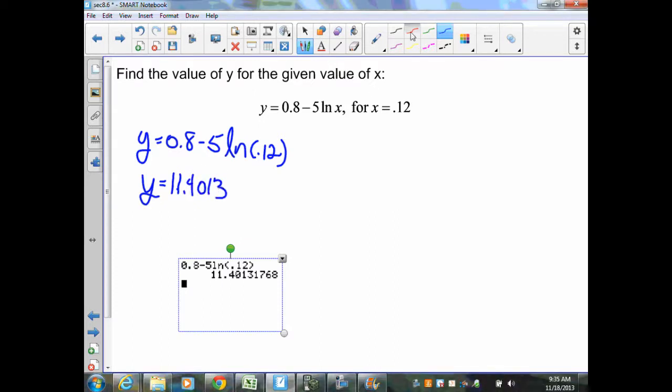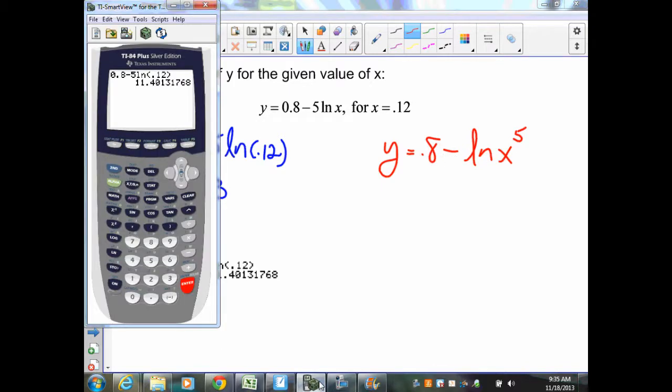Now what I could do is use some properties of logarithms to simplify this a little bit further. And that will give me y equals 0.8 minus, and that would be ln x to the 5th. I can't use the quotient rule because that's not a log, so that doesn't work. So I have to keep that 0.8 minus ln x to the 5th. Using a calculator gives me 0.8 minus ln, and that will give me 0.12 when I substitute in for x, and that will raise to the 5th power.